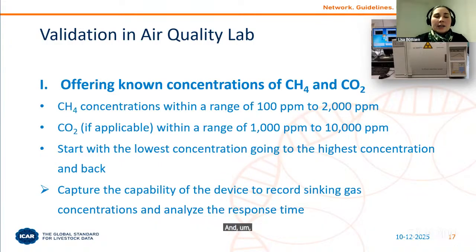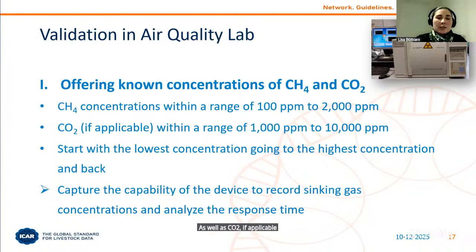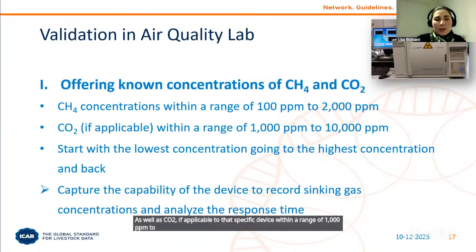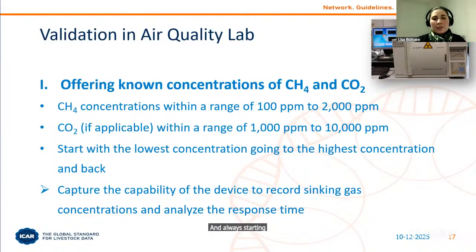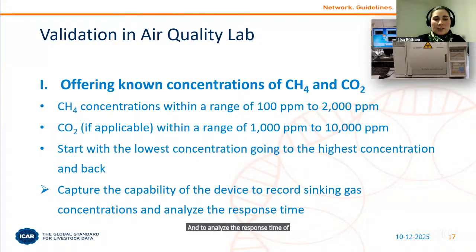And in this first step, we will offer known concentrations of methane within a range of 100 ppm to 2000 ppm, as well as CO2, if applicable to that specific device, within a range of 1000 ppm to 10,000 ppm, always starting with the lowest concentration, going to the highest concentration and back, to also capture the capability of the device to record sinking gas concentrations and to analyze the response time of the device.